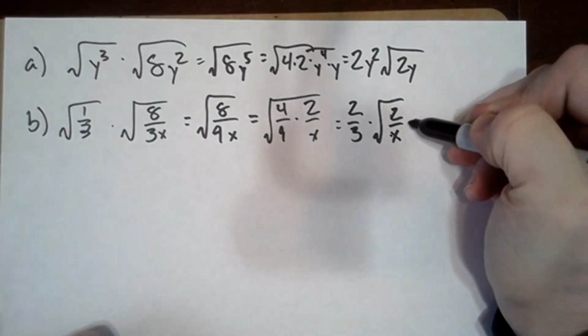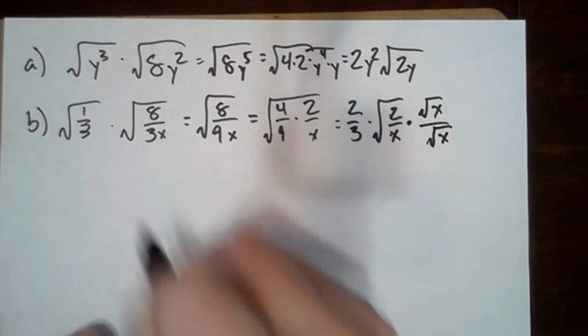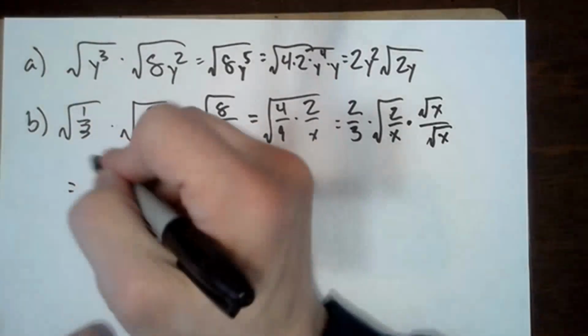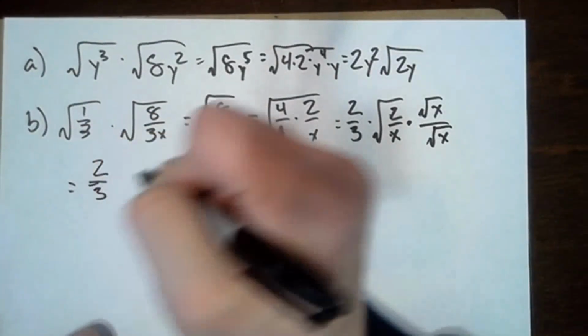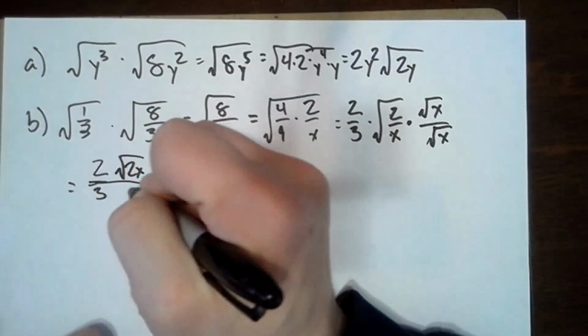And now I'm going to multiply this by the square root of x over the square root of x. That gives us 2/3, or 2 times the square root of 2x over 3x.